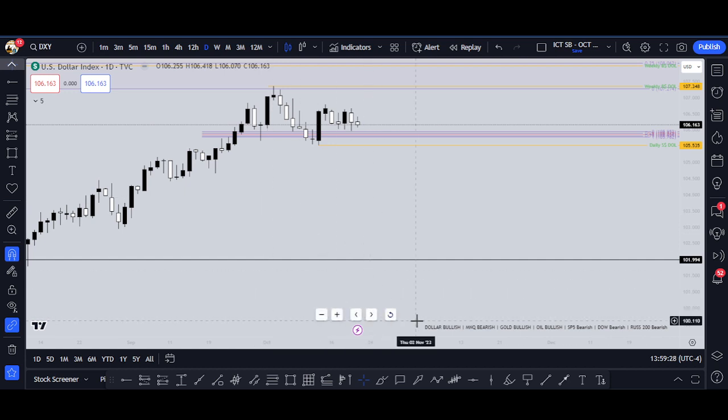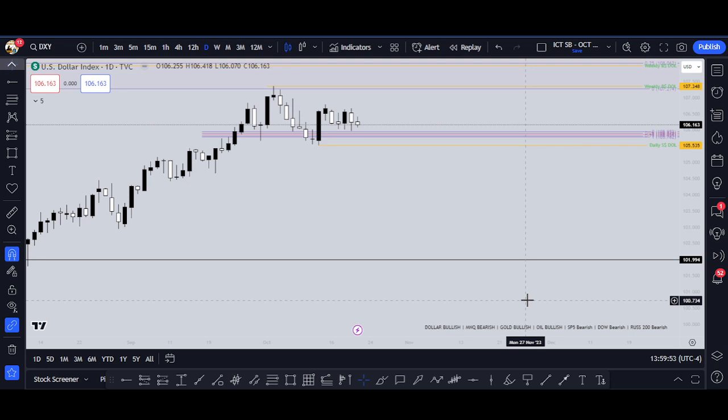And again, these are based off of the contracts ending in December. Except for the dollar, that's not a future index, but the NQ, gold, oil, S&P 500, Dow, and Russell charts that I have are for the futures of those respective charts or instruments, or indices.